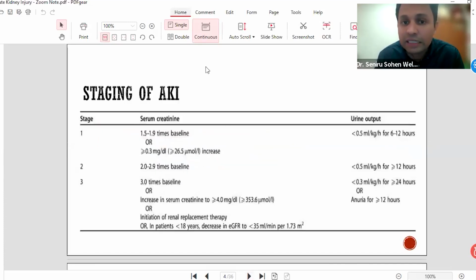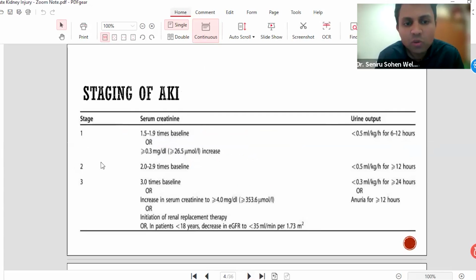Then we had the RIFLE and the AKIN criteria that I was describing, and here is the KDIGO criteria. We have stage 1 AKI, that is 1.5 times the baseline with reduction in urine output for between 6 to 12 hours.